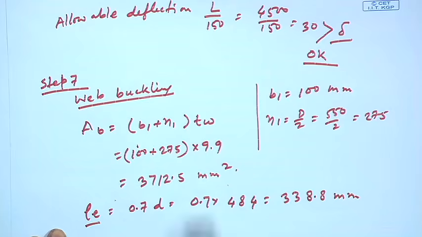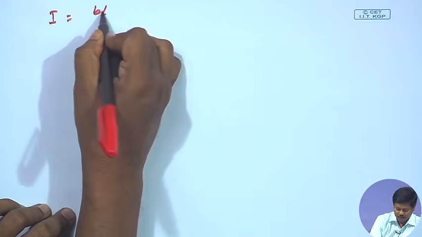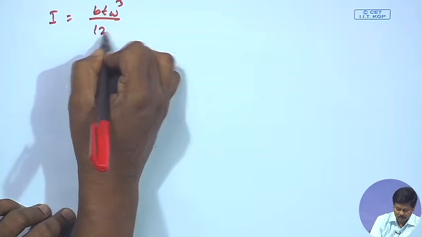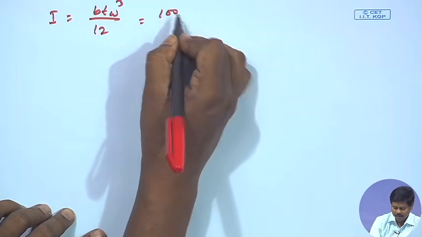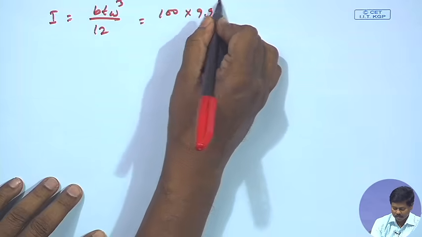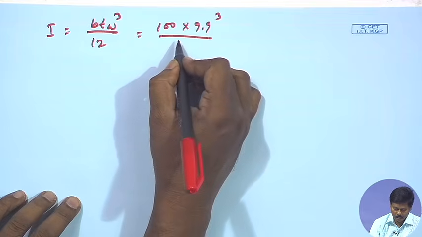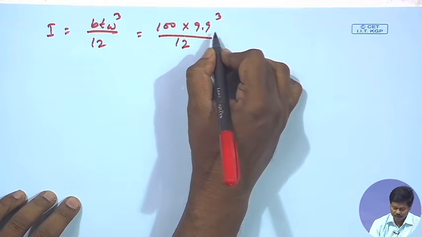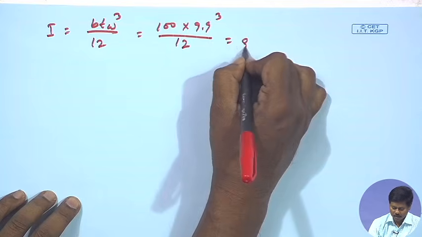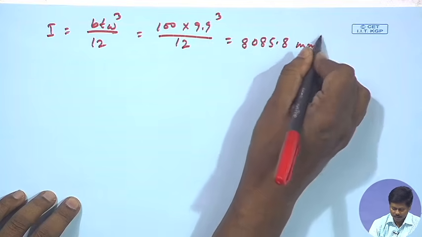Now, I can find out moment of inertia I. So, I will be B T cube by 12. B has been considered as 100, T is 9.9, by 12. So, this is becoming 8085.8 millimeter to the fourth.